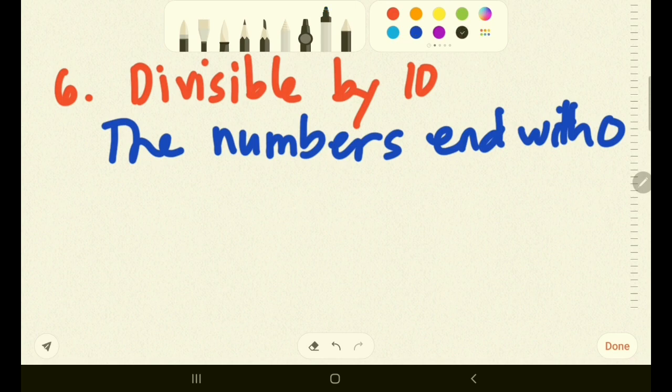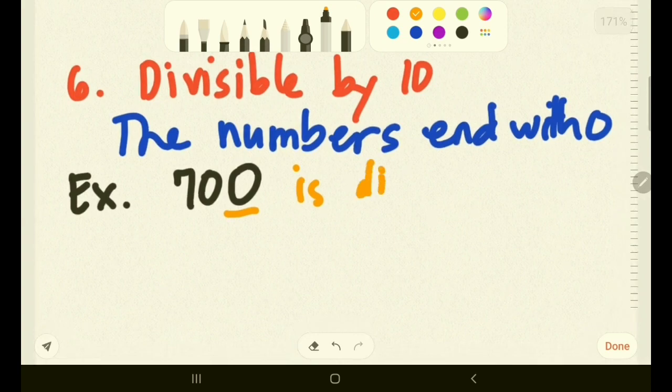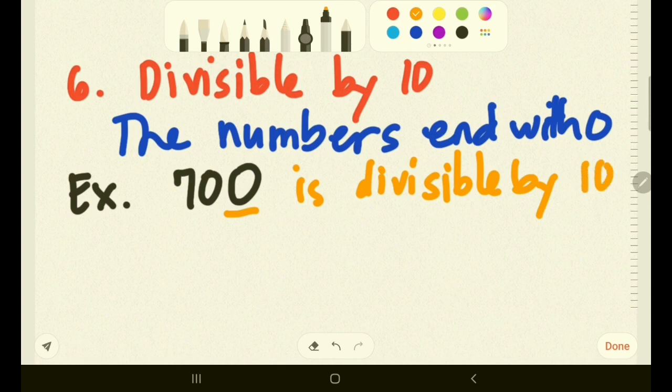Okay, let's have an example. 700. It ends with 0, so this is divisible by 10. How about 605? This ends with 5.